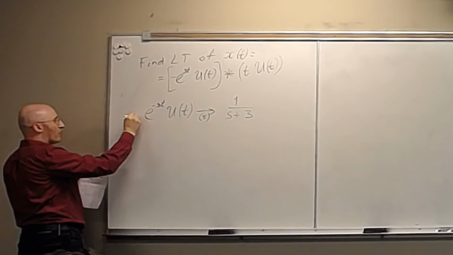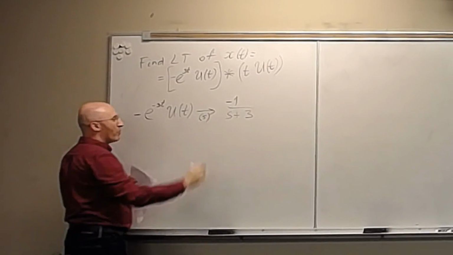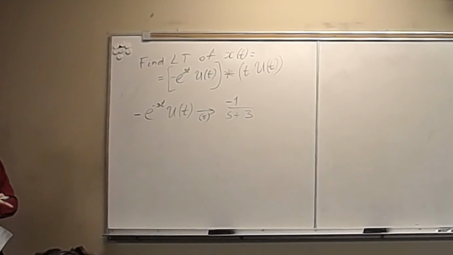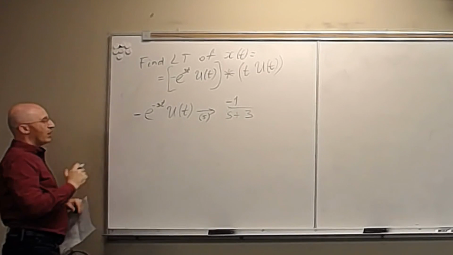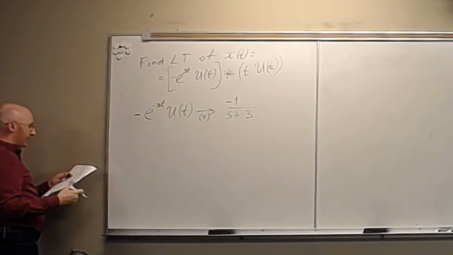So if you multiply here by -1, this one will be multiplied by -1. This is the linearity property of Laplace transform. Again, this is true for any integral transform, because the integral is linear in that sense. Okay? So this is from linearity.